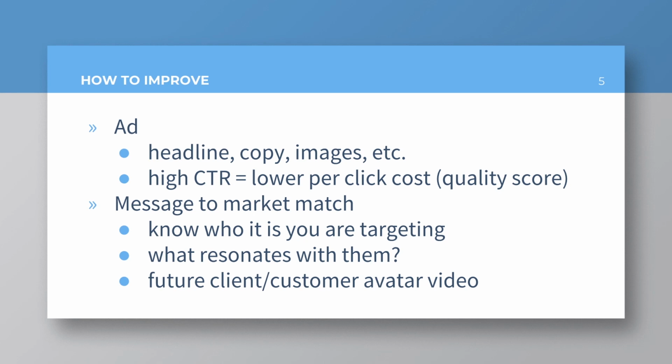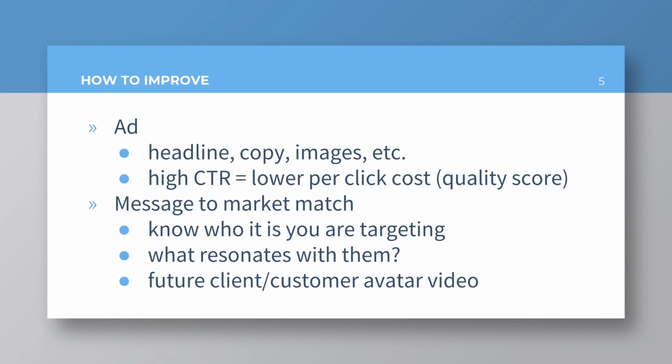Now, a couple of ways to improve your click-through rate when dealing with ads is working on things like the headline or your ad copy or the images that you use, because having a high click-through rate on your ad platform will give you a lower cost per click because your ad will have a higher quality score. The advertising platforms like Facebook and Google like it when people are clicking on your ads because 1, it makes them money, and 2, it shows that people are being engaged with your ad, whether they are liking it, clicking on it, or sharing it.